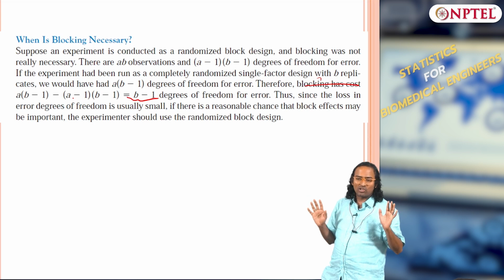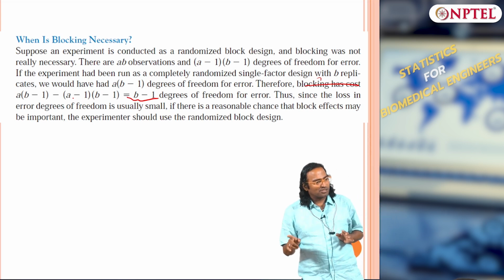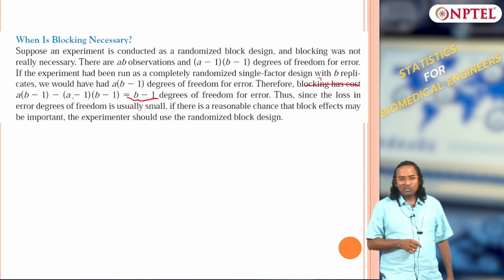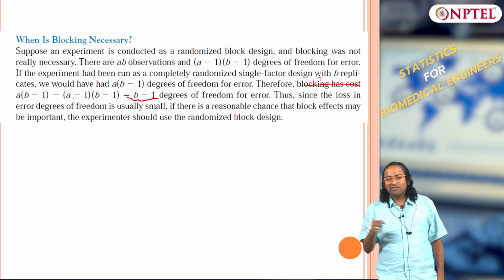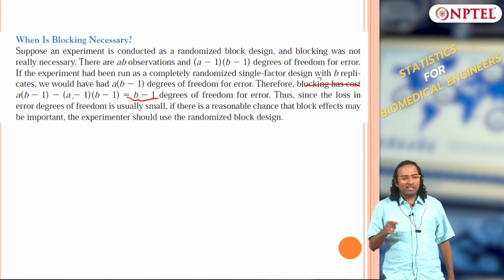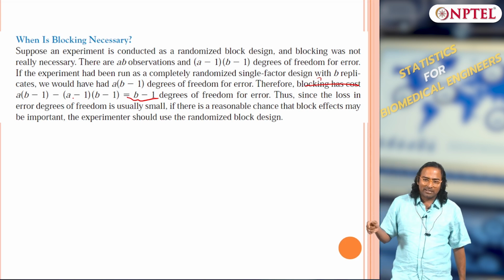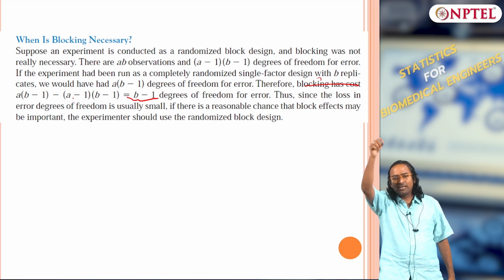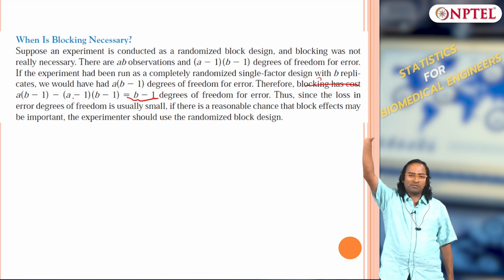So the moment you start blocking, that comes up with a cost on the experiment. So if you want to design an ANOVA versus RCBD, the problem with RCBD is that the moment you start blocking, remember you have to increase the number of experiments.